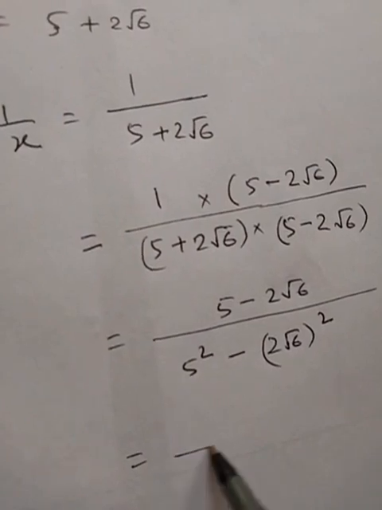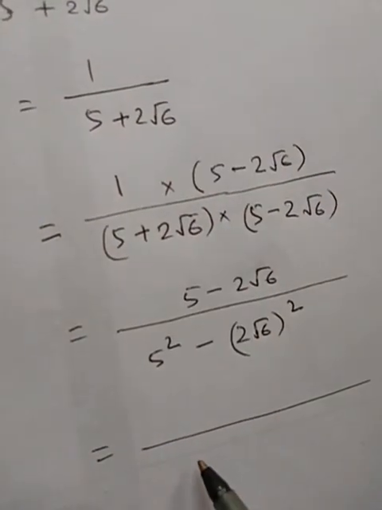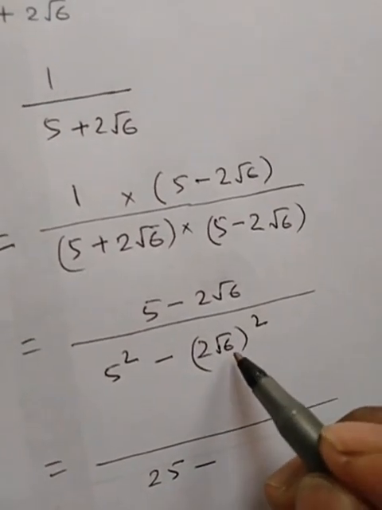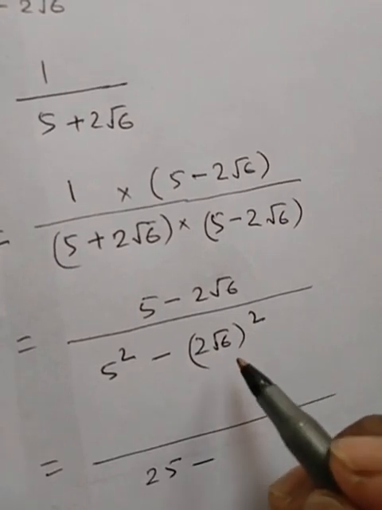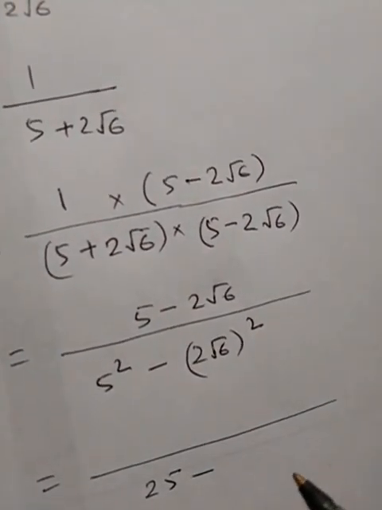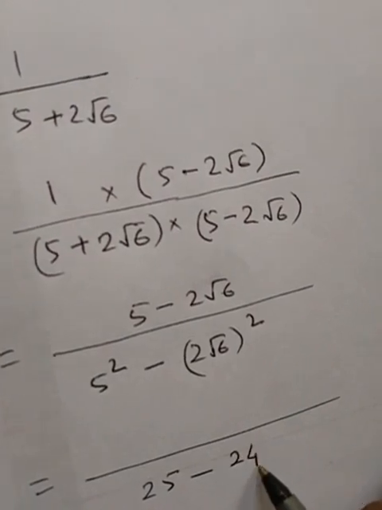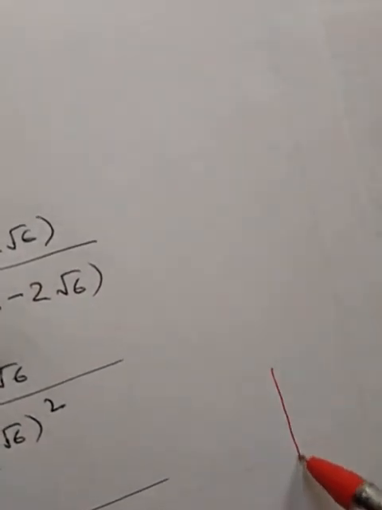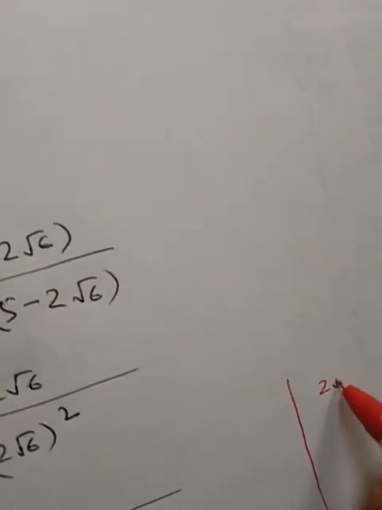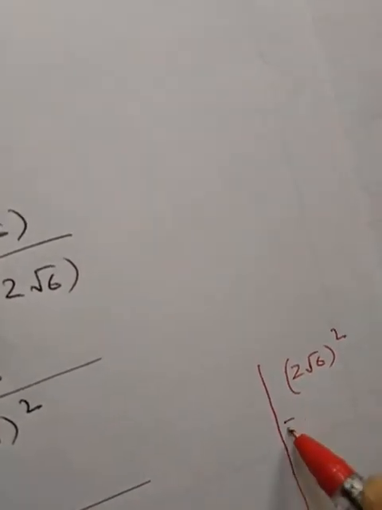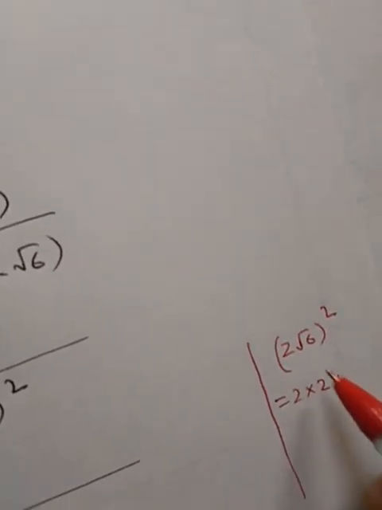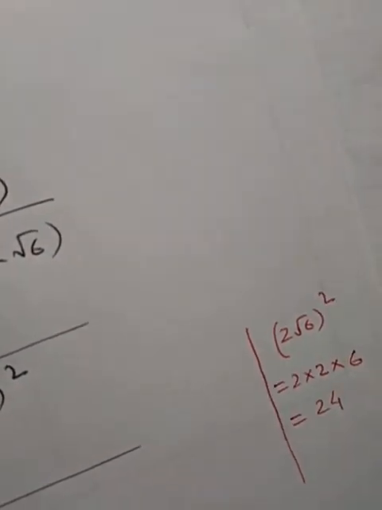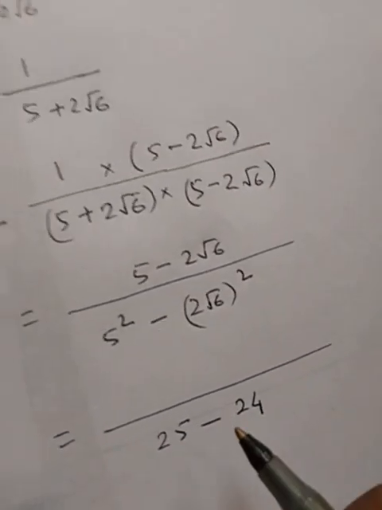Below, in the denominator it is 5 square, that is 25, and minus 2 root 6 square. 2 square is 4 and root 6 square is 6. So 4 sixes are 24. I am showing it here. 2 root 6 square is 2 into 2, and root 6 square is 6.